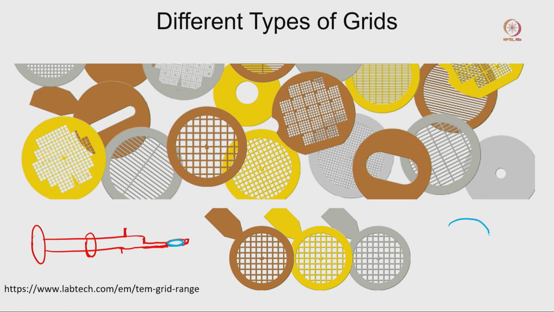Generally this grid will be a small disc of copper, the outside layer will be a copper layer, right, and then inside there will be a lot of copper bars and they will form squares. I discussed a little bit about the difference between the cryo grid and the carbon coated grid. Whatever I draw here, I will discuss at a later stage.